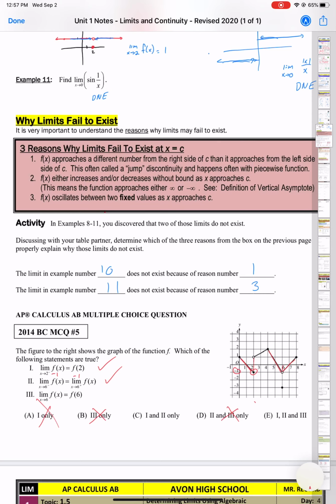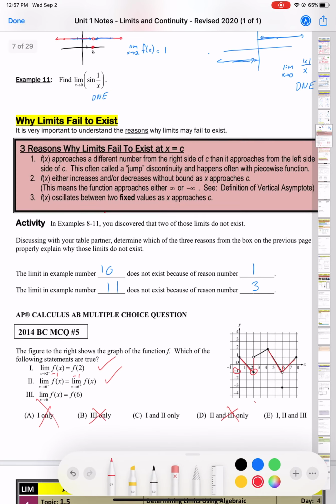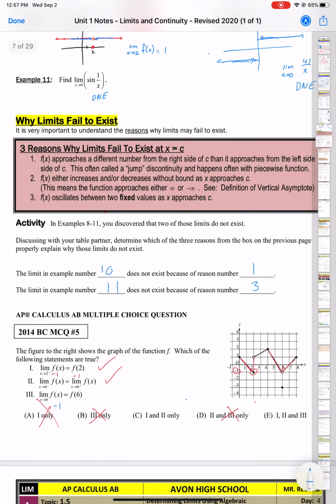So we have -1 for that limit equals, what is f of 6? Where is the actual point at the x-coordinate 6? Well, it's down here. It's at a completely different point than this limit is. It's down at -3. So that statement is actually not true, which means the answer to our multiple choice question here is C. Statements 1 and 2 are the only true ones.